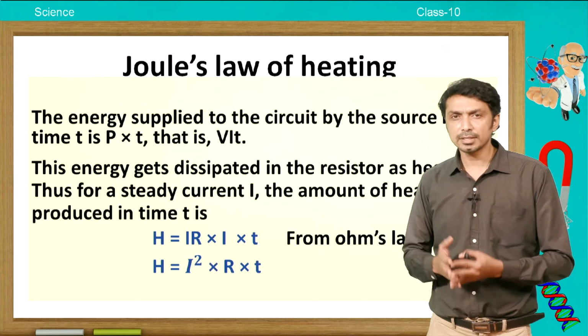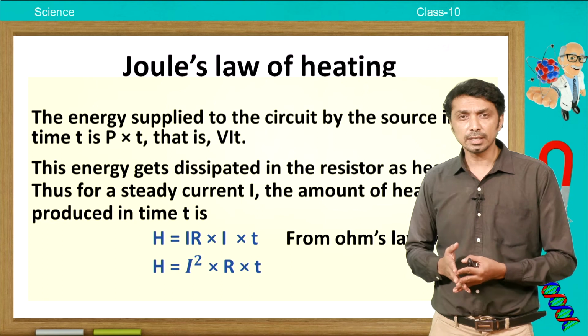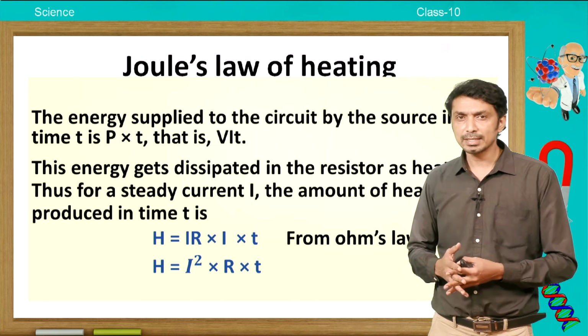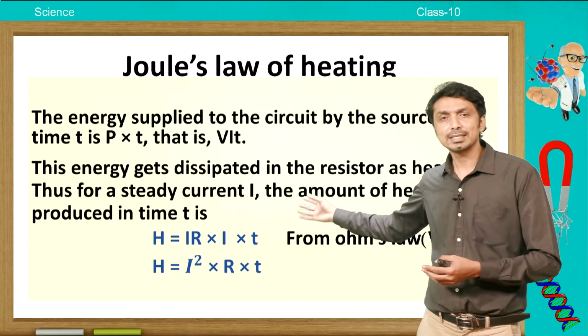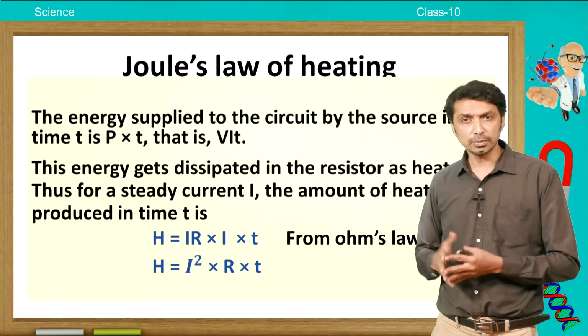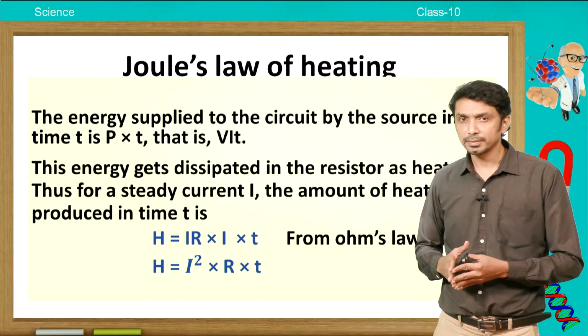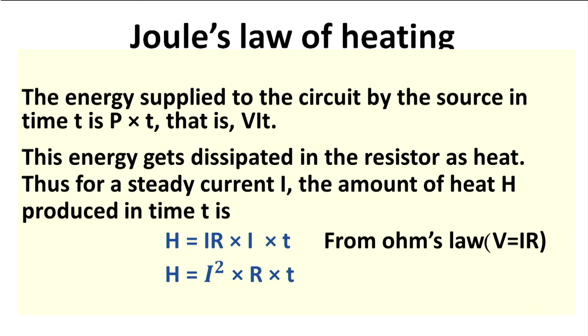As I earlier said, when you are considering a circuit with resistors, whatever electrical energy is supplied to the circuit, what will happen to it? Yes, you have the right answer. When electrical energy is flowing through the resistors, more collisions result in more heat.